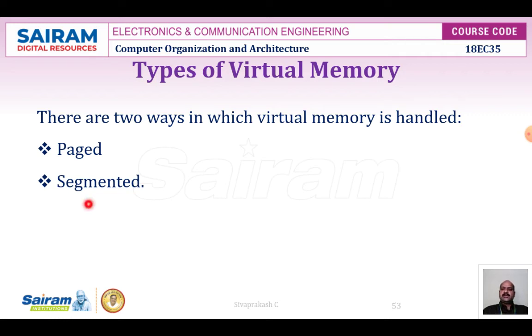Next one, segmentation. What is segmentation? Segmentation is also used to manage virtual memory. This approach divides virtual memory into segments of different lengths. Segments not in use in main memory can be moved to virtual memory space on the hard drive.